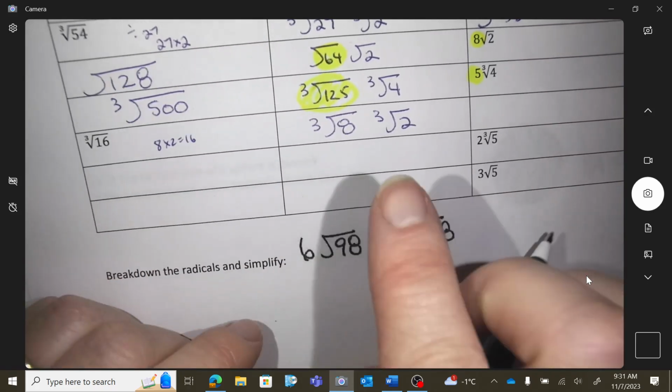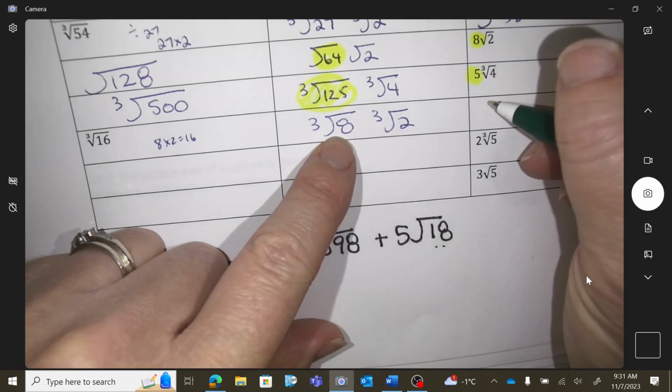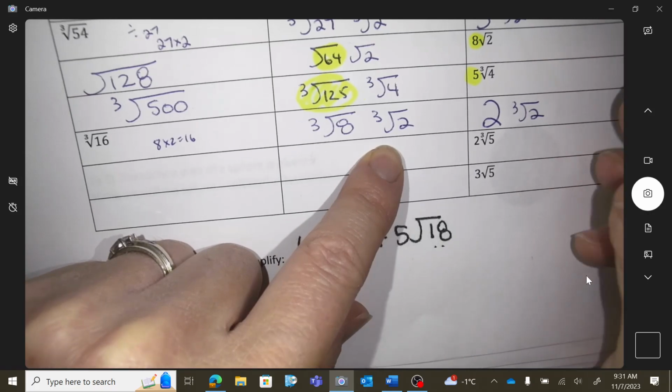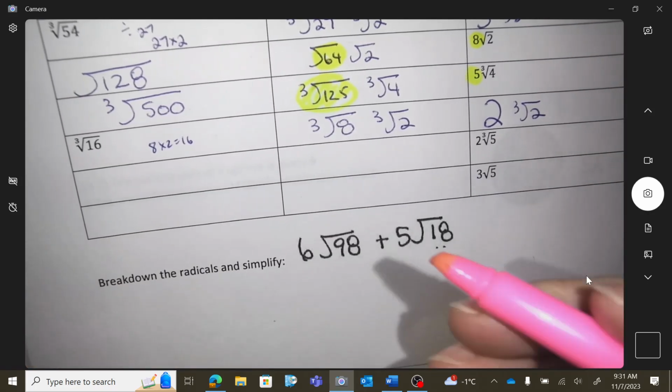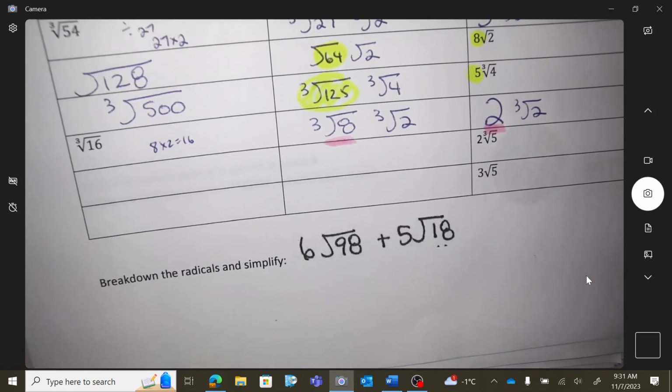And what is the cubed root of 8? That can be done nicely. 2. So the cube root of 8 is how I get a 2 in the front alone as a coefficient.